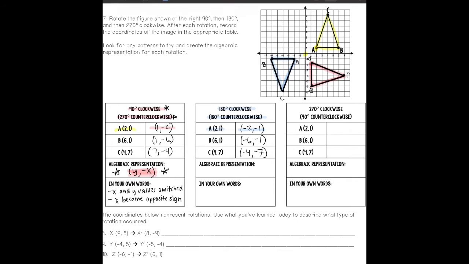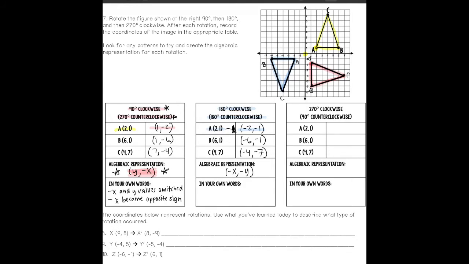So what are you guys noticing now with my points? What's happening between the X and Y coordinates in my pre-image to my image here? Okay, so what happens as I go from here to here? Okay, so hopefully you saw that we took the opposite of X and then we took the opposite of Y. Okay, they became their opposites.